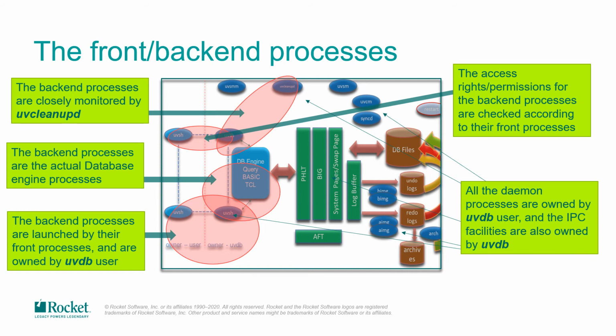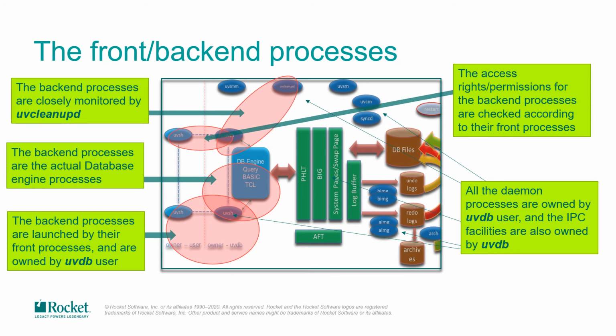Let's look at the two processes here. The front process, we call this one in UniVerse the front process, and this one the backend process. And we know those are the database engine process, the backend process.